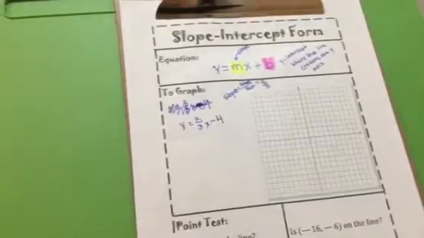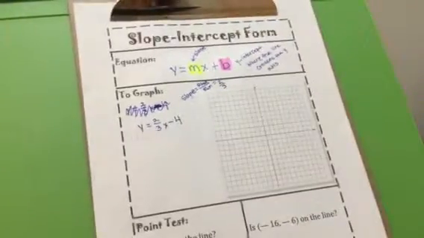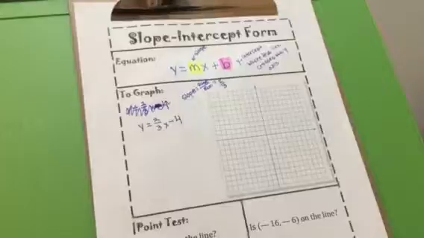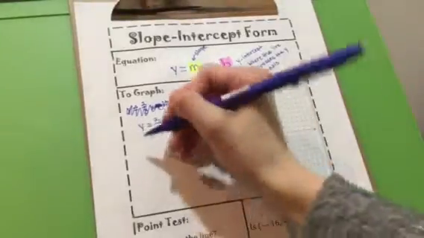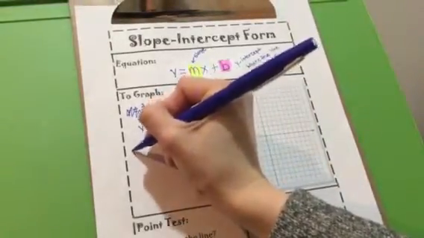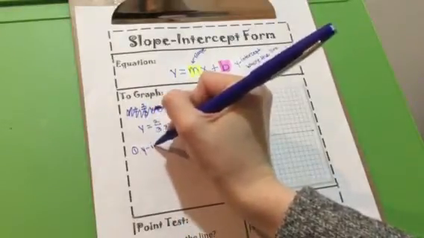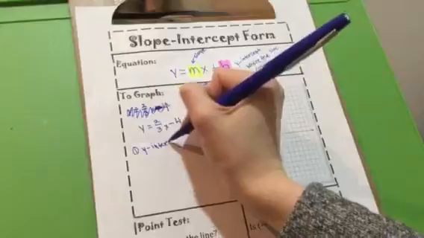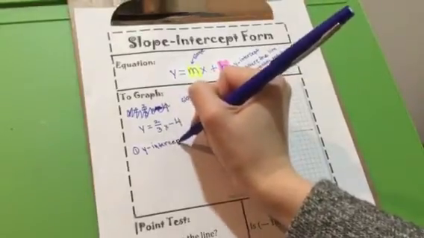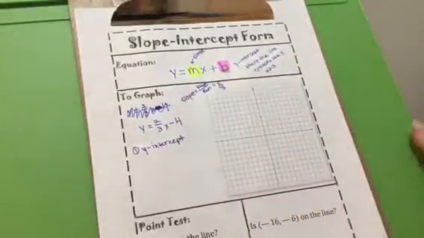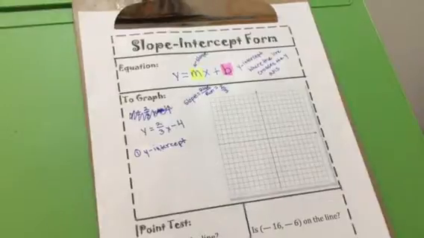All right, so let's go ahead and get started with plotting this. So first, I would recommend plotting the y-intercept, okay? And I apologize for my chicken scratch. It's hard to do this. All right, so our y-intercept. Well, what is our y-intercept?